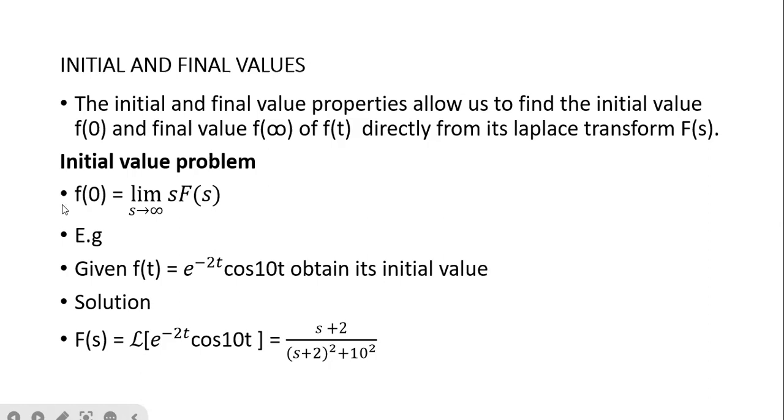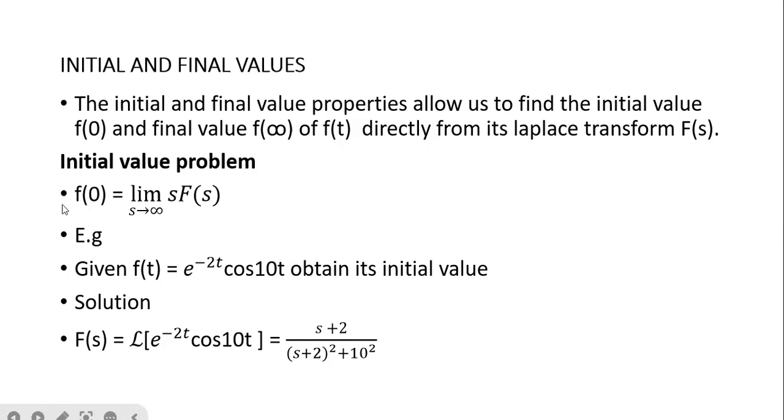Of course, you can see here the initial value f of 0 is equal to the limit as s tends to infinity of s f of x. Remember, s tends to infinity, if we are looking at it from what? The frequency domain. To find the final value, we consider the limit of this function as s tends to 0.